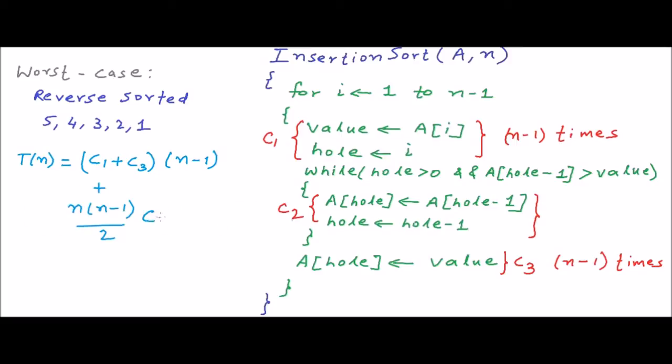And when we will reduce this whole expression further, we will get a polynomial something like a(n) square plus b(n) plus c, where a, b and c will be some constants in terms of c1, c2 and c3. And this will belong to the set big O of n square, which is another way of saying that for very high values of n, the rate of growth will be pretty similar to the growth of n square. These lower order terms will not matter.